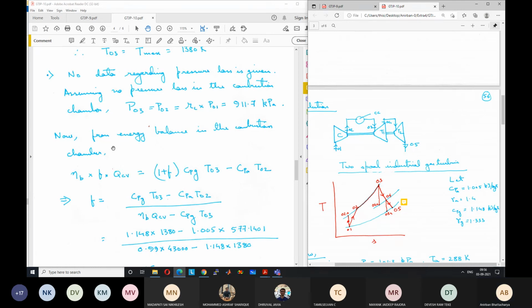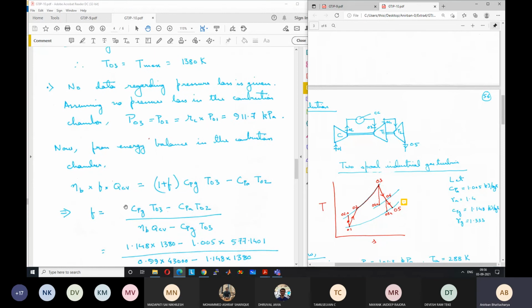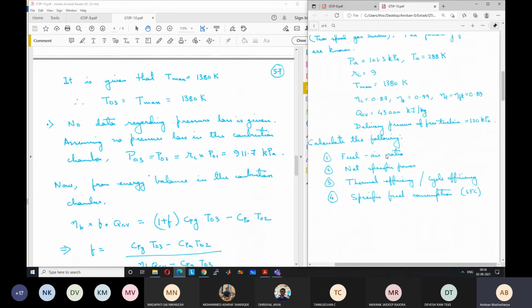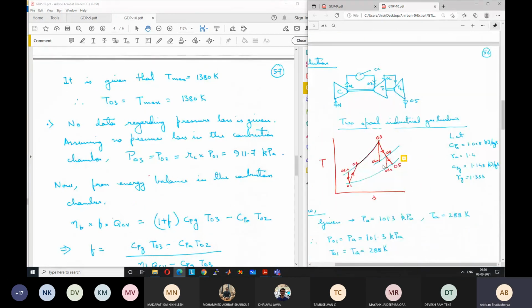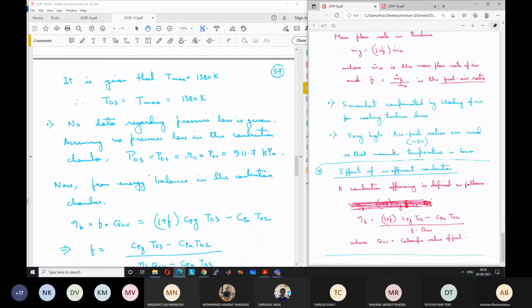Okay. So the energy balance in the combustion chamber, we have already done this. So basically this was the equation: eta B is equal to (1 plus F) CPG T03 minus CPA T02, into F by QCV.